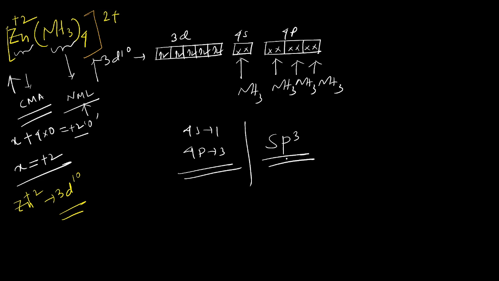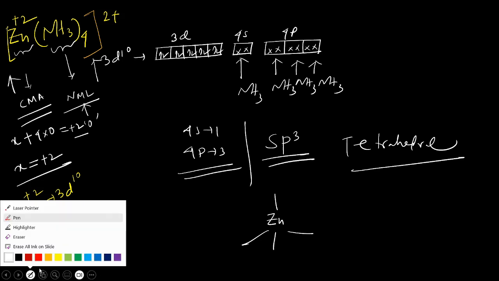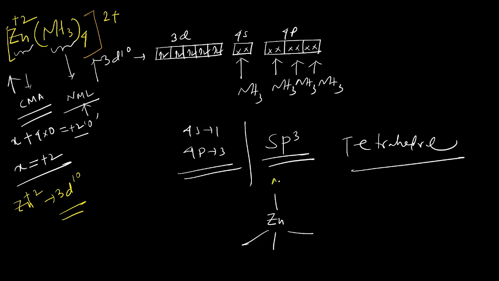So the central metal atom is sp3 hybridized, and the complex ion attains tetrahedral geometry or tetrahedral shape, right? At the center of this tetrahedron, zinc remains, and its four corners are occupied by four NH3, like this.